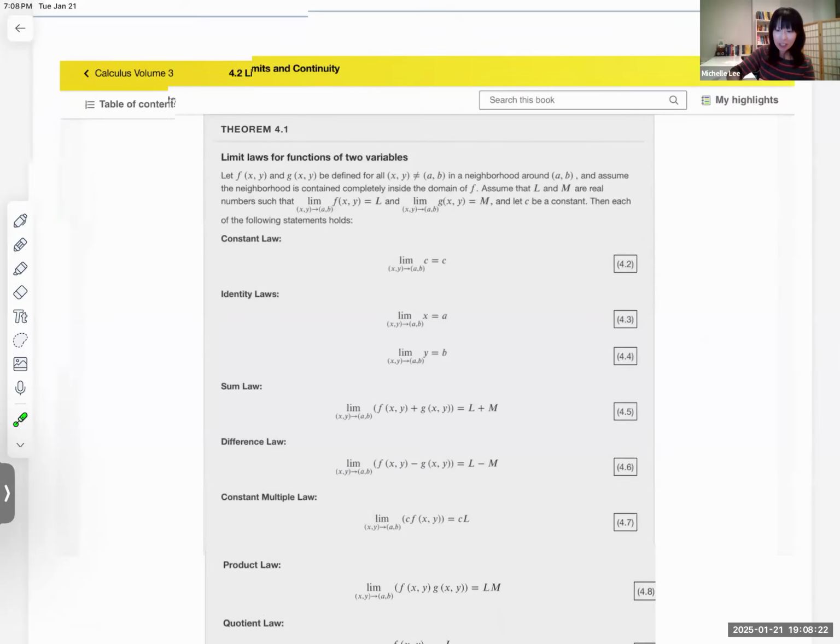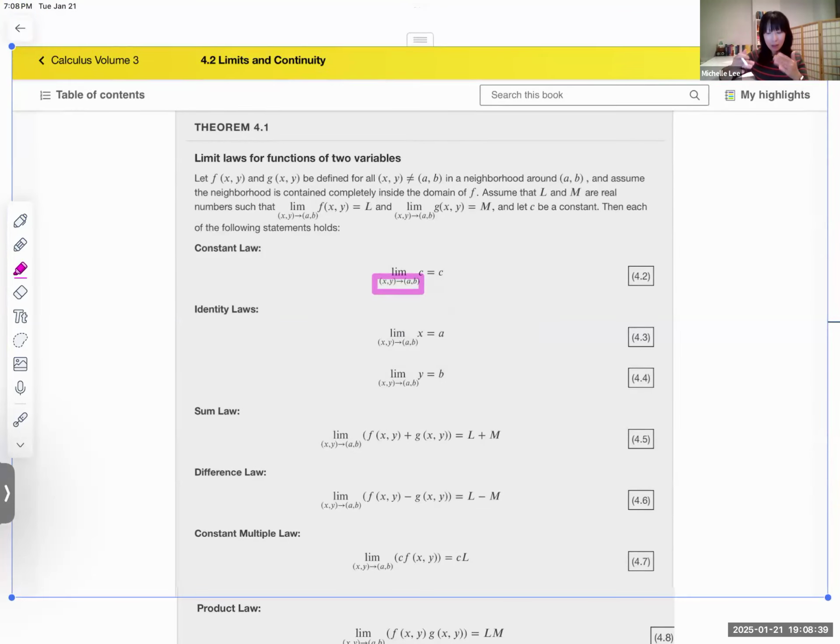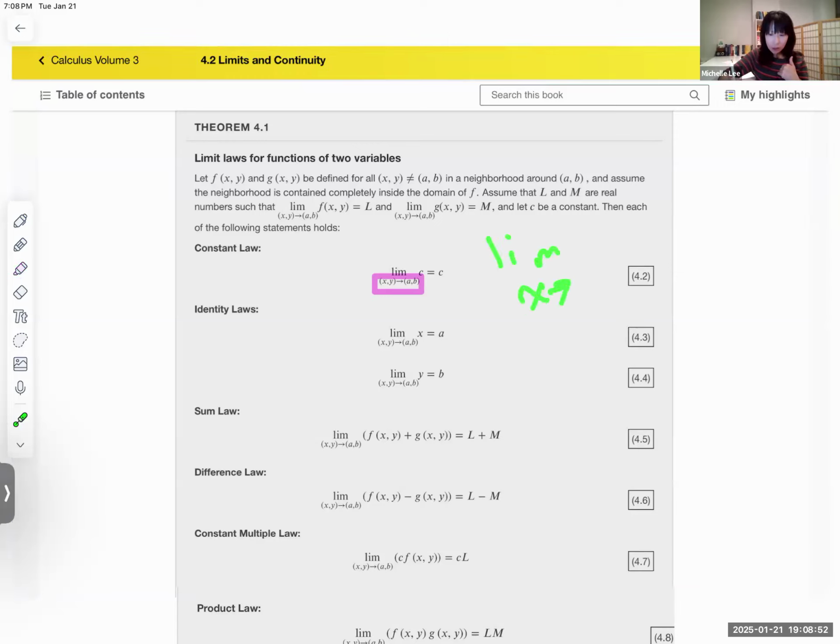The only difference is that in calculus 3, x, y approaches a, b. Every property has the constant rule. Normally we have the limit as x approaches a of constant c equals the constant, but here we have the limit as x, y approaches a, b.